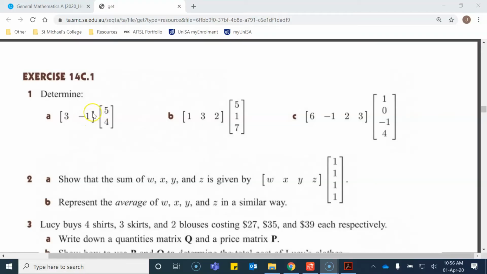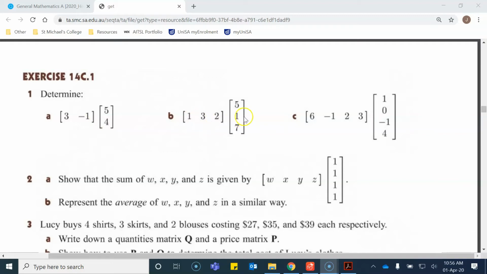So just have a go at doing 1A, B, and C. These, remember, always check the order first. So this matrix here is a 1 by 2, that's a 2 by 1. So since the two are the same, we can do that multiplication and the resulting matrix will be a 1 by 1.